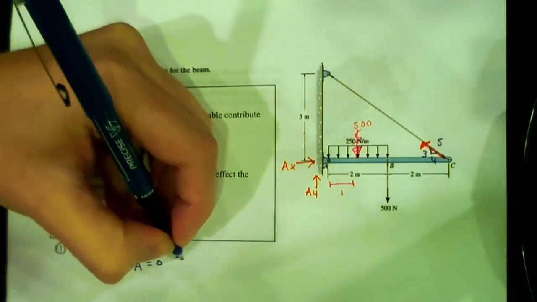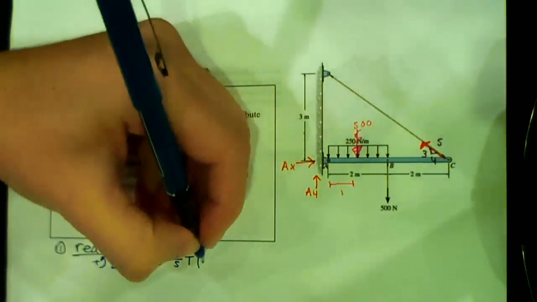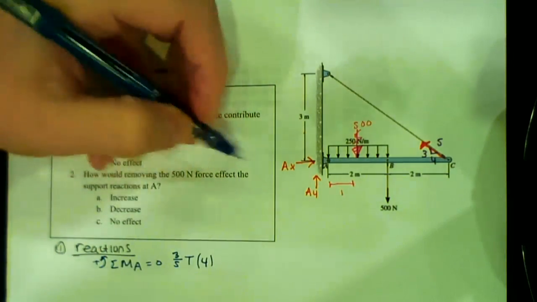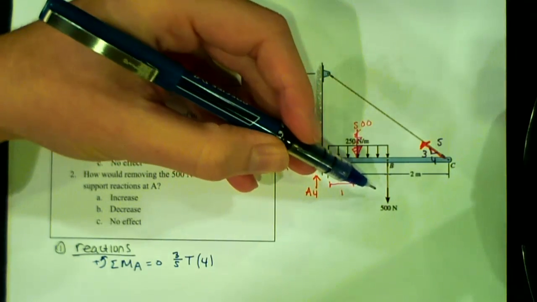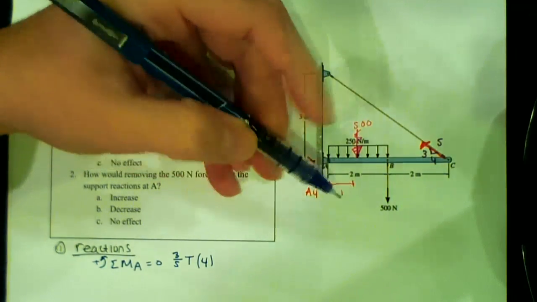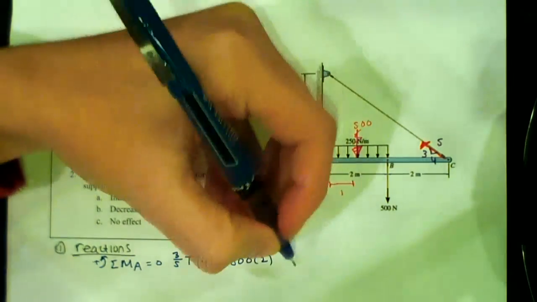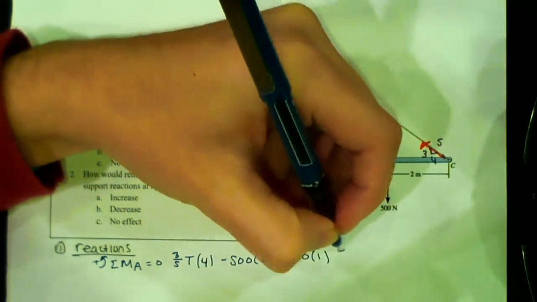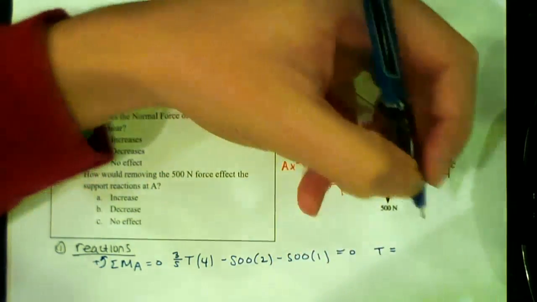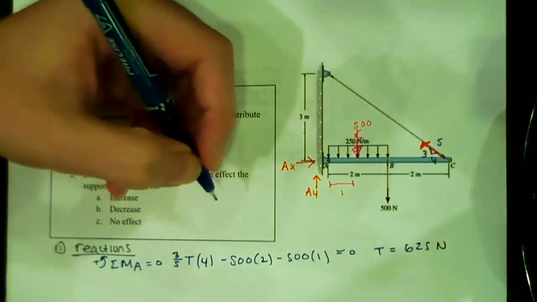So I have 3 over 5 times T times 4, and according to my convention, that's positive. Then the 500 newton force times 2 is negative. Then this 500 newton force times 1 is also negative. So T is equal to 625 newtons.